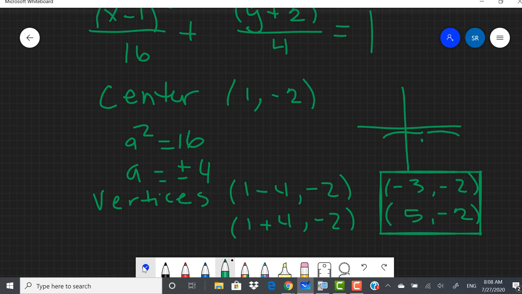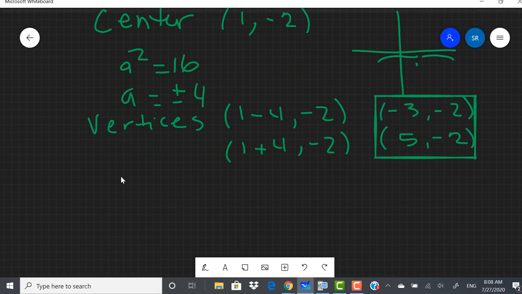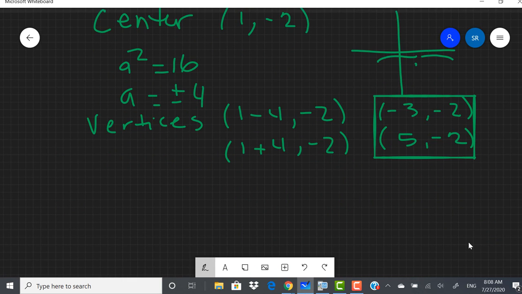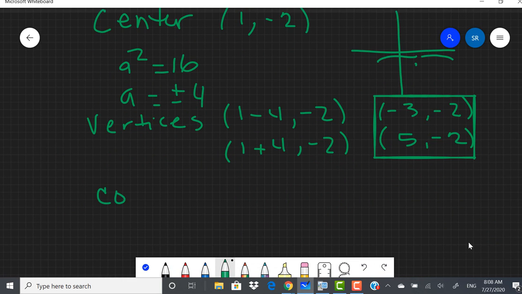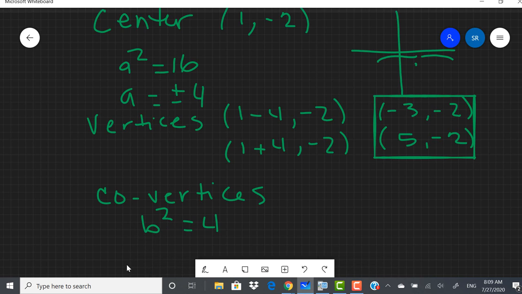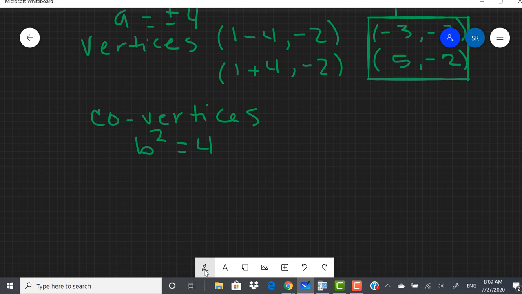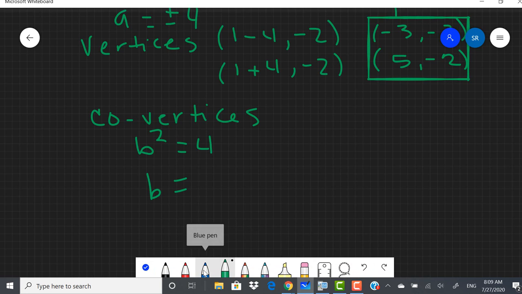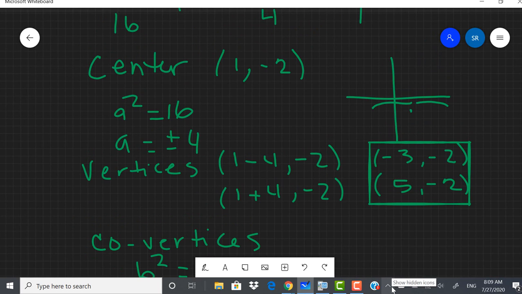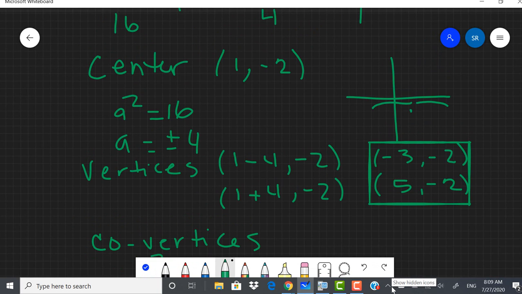Okay, and then to find the co-vertices, my b squared is 4. So that means that my b is plus or minus 2. So going back to our graph, this is going to go up.